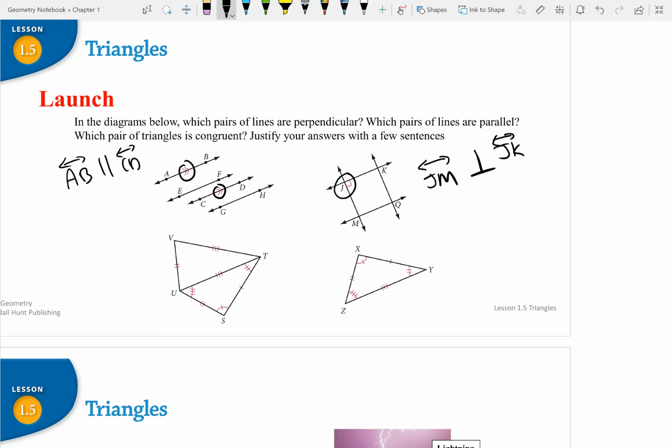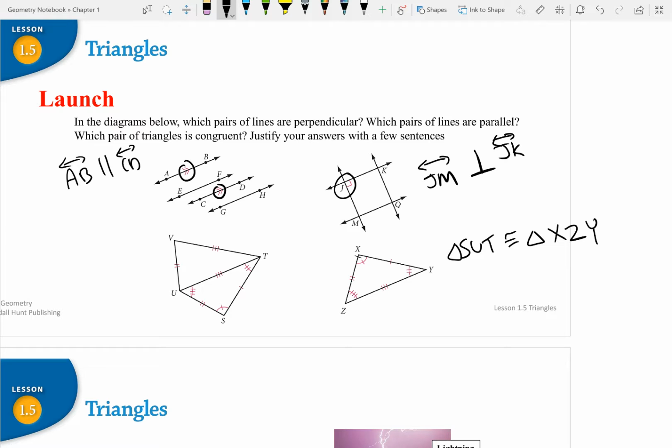And looking, it looks like triangle SUT is congruent to triangle, let's see here. So S corresponds to X, and then U would correspond to Z, and then Y. There we go. So those triangles are congruent.